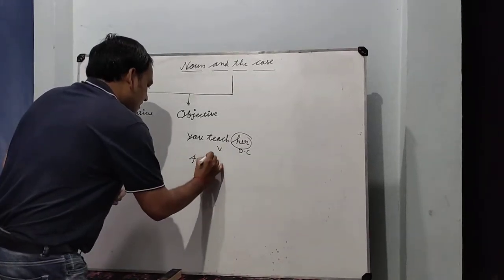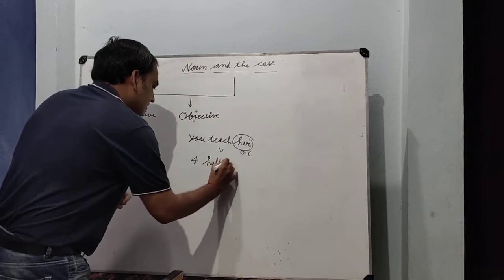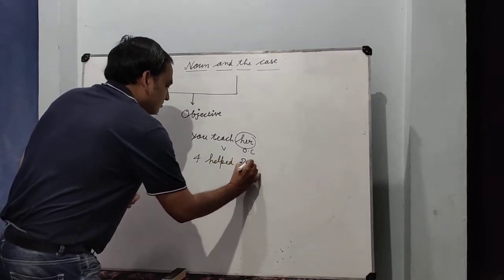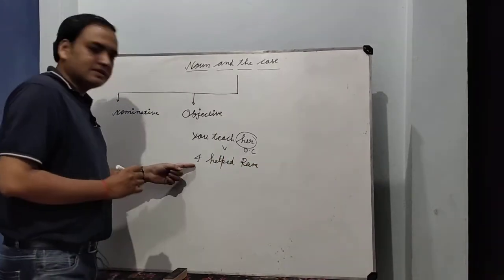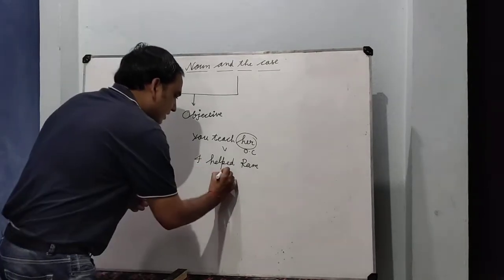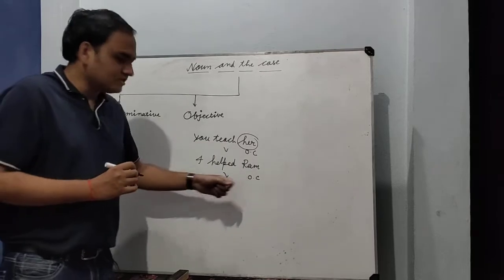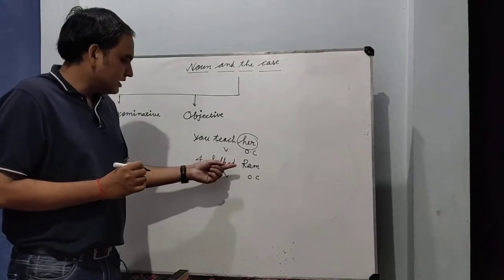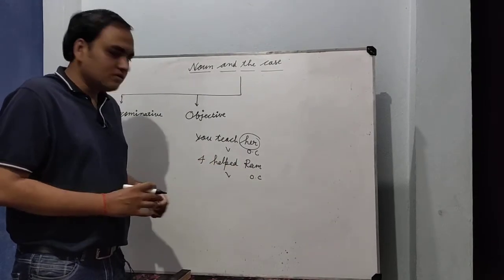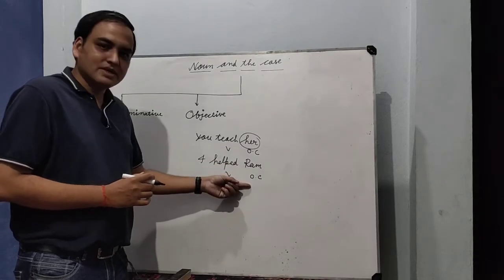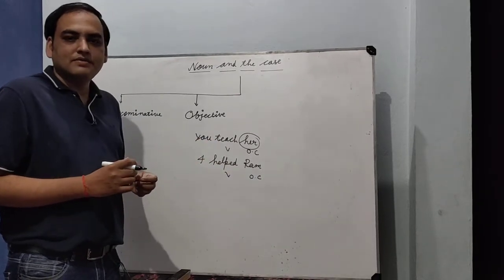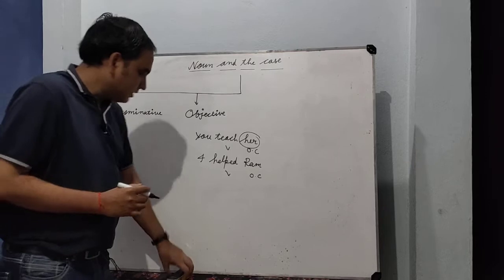I helped Ram. Here I is a nominative case, helped is a verb, and Ram is an objective case of noun. So Ram is a noun that is used at the place of object. This is called objective case of noun.